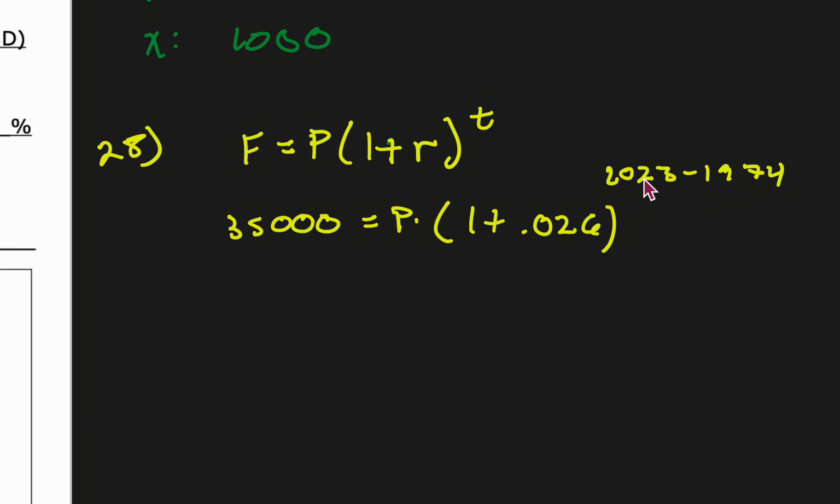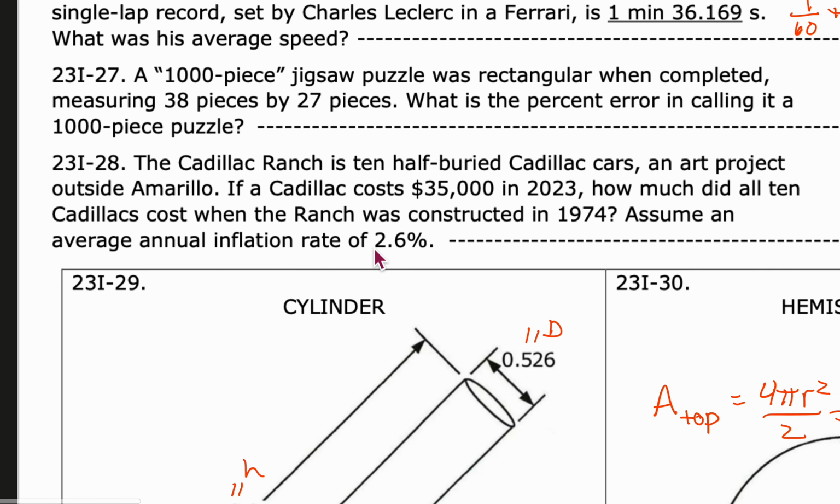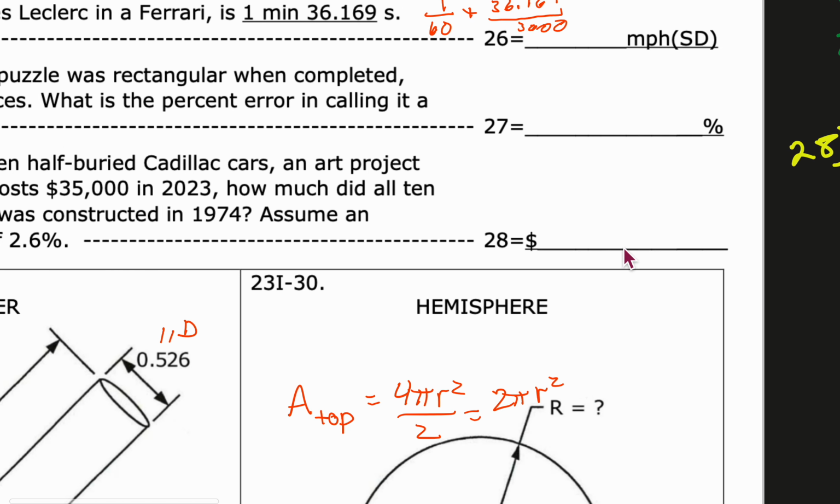Think of it: if this was 1975, it would have been 1 year of compounding. So we can just subtract 2023 and 1974, and that'll give us the time. Anyways, we divide everything over, we solve for the principal amount, but don't forget, there are 10 cars in this problem. So at the end of the day, we have to multiply by 10. And don't forget, with money problems, you need to write it down to the last cent.